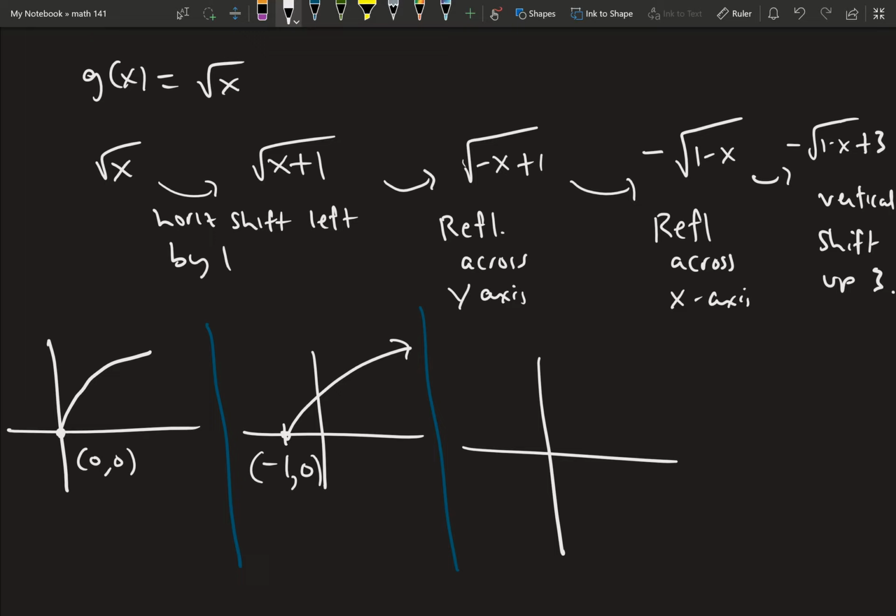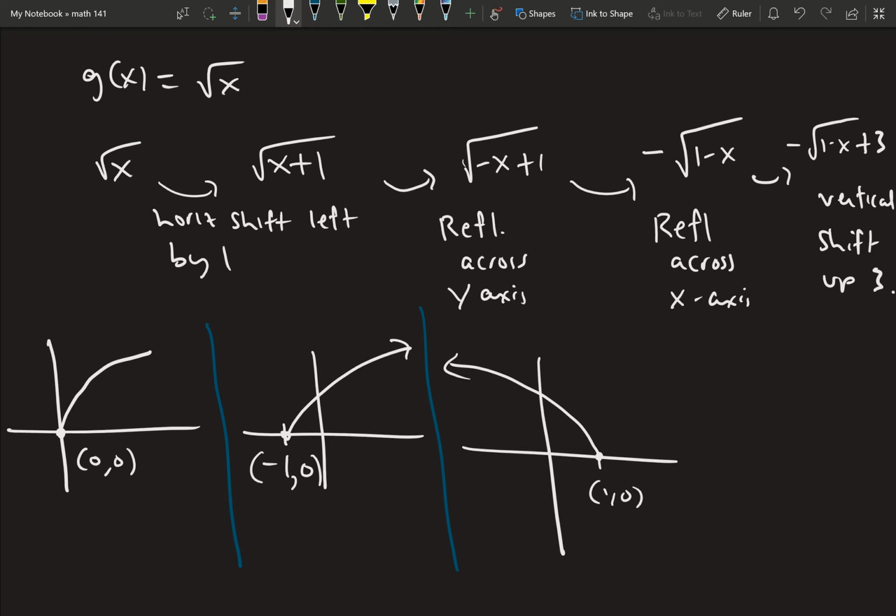and again, if mirroring is a little confusing, you can just plug in a couple of points to check. So for example, negative 1, 0 would reflect to 1, 0. And instead of the graph pointing to the right, the graph would point to the left. So I have this.